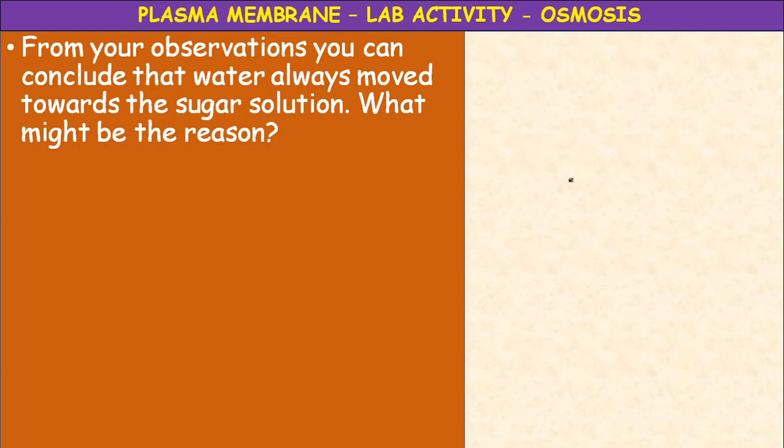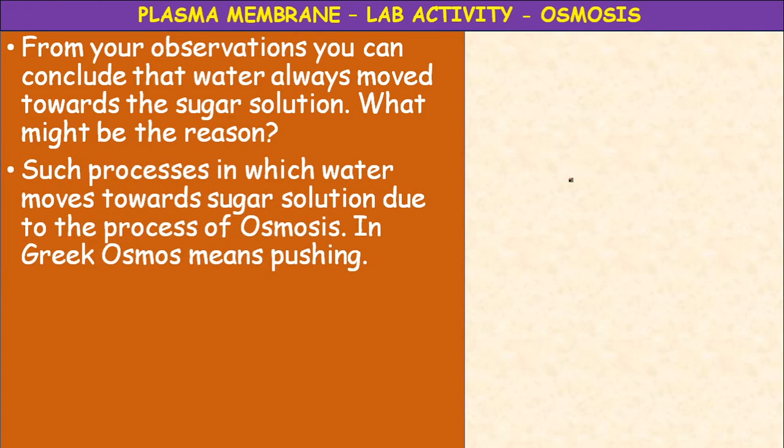So from your observations, you can conclude that water always moves towards the sugar solution, but not the sugar solution towards the water. What might be the reason? The reason is the difference in the concentration of the solutions. Such a process in which water molecules move towards the sugar solution is called osmosis.